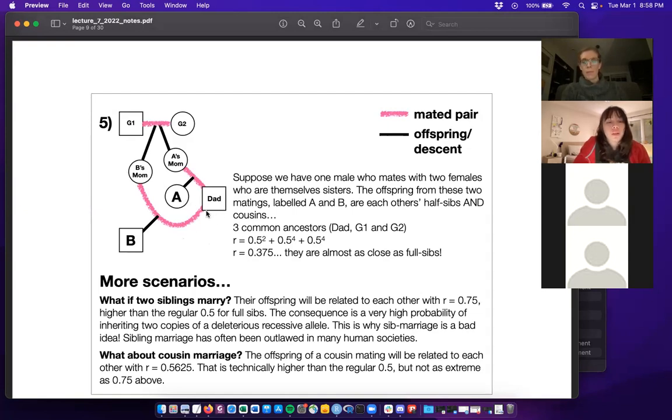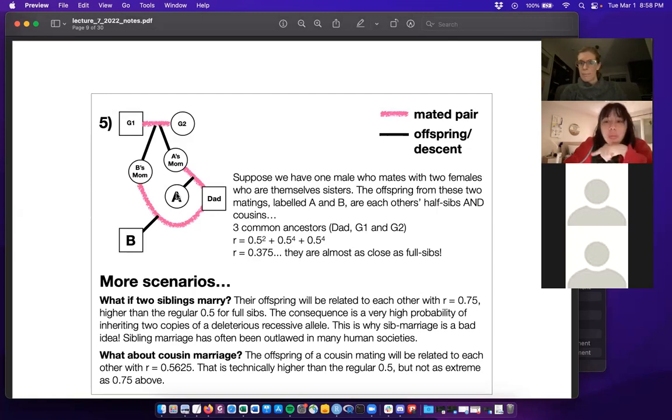Oh, okay, so from B to A it's two, and then if we wanted to go to B's mom, for example, would that be where the four comes from? The four comes from, we're actually focusing on this ancestor and this ancestor. So we have to go one step, two step, three step, four step. And then if we're looking at G2, it's one step, two step, three step, four step.